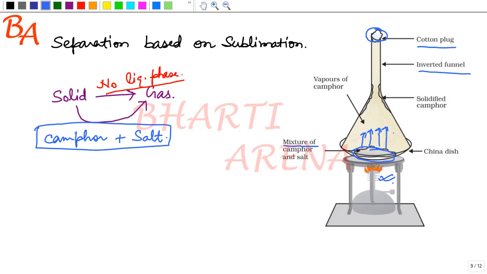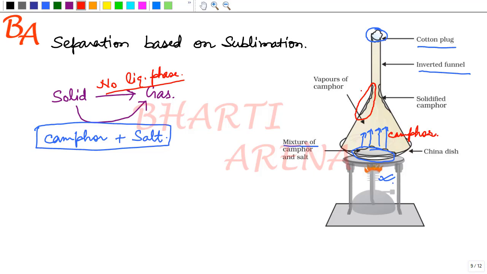This is camphor that is being evaporated. Since there is no passage to pass through, it will remain here, get cooled and be converted into solid.